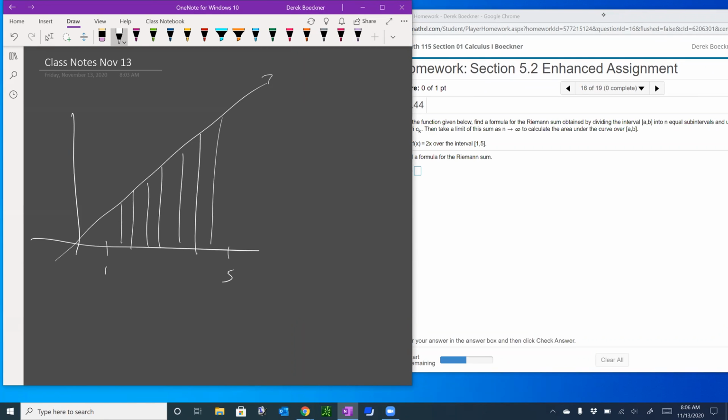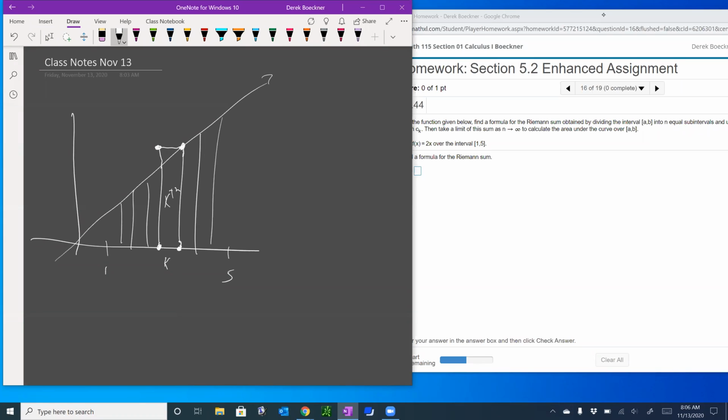We're going to split this up into n intervals, and we're going to pick an arbitrary rectangle to deal with. Let's say that this is the kth rectangle. Where is the kth rectangle? We want to know these 4 points on the rectangle. If I know those 4 points, I'll know everything I need to know about the rectangle.